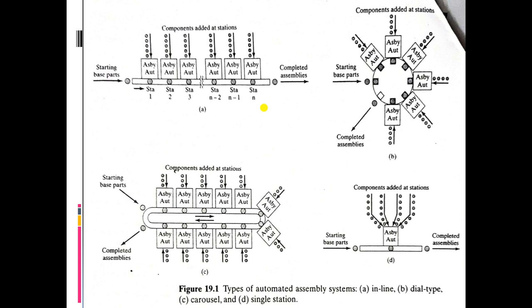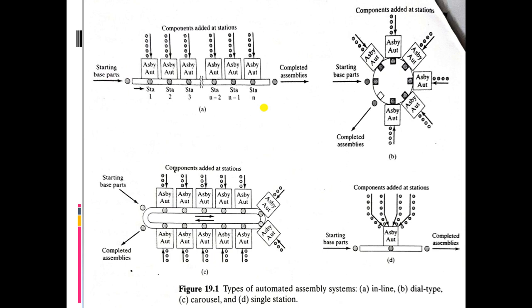You can see the inline assembly machine in the first figure, figure A. Then the dial type assembly machine in B. Then the carousel type assembly system.